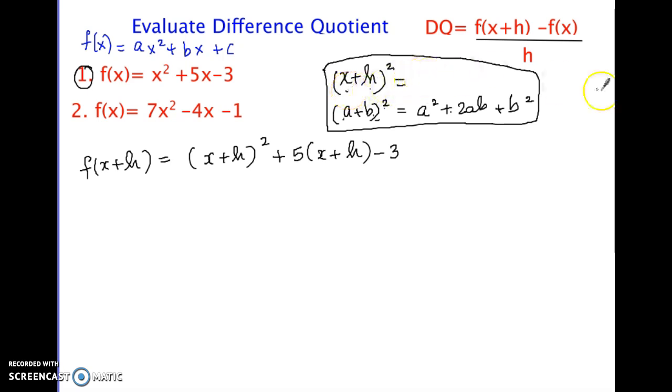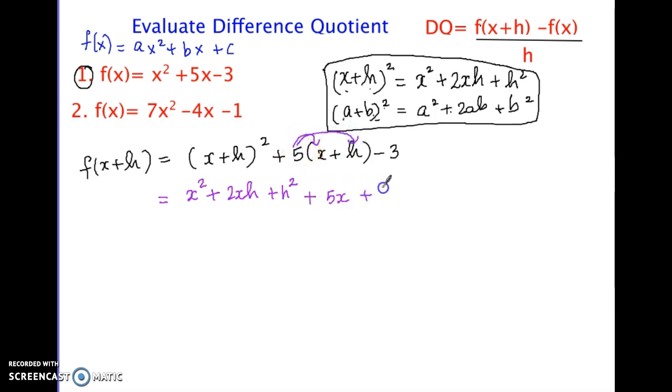So x plus h the whole square is just x square plus twice the product of the terms, which is xh, and the last term square, which is h square. So that's what I'm going to use over here. So here I get x square plus 2xh plus h square plus 5 times x is 5x, 5 times h is 5h minus 3.